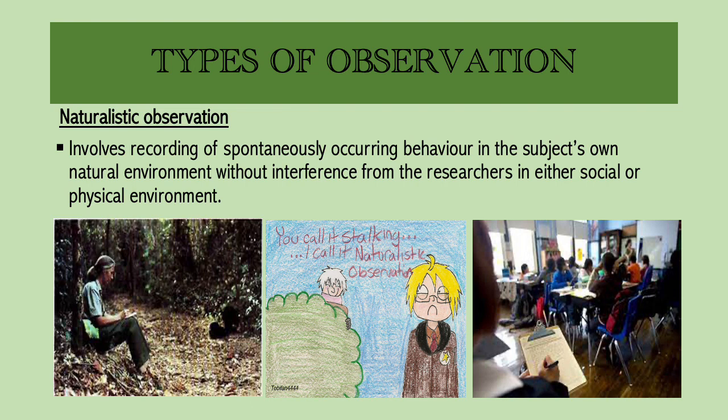Like the animal was observed inside the jungle, and the student was observed inside the classroom. So it's natural behavior without interference from the researcher. So researchers are just observing and not being involved in the environment. They would just sit and watch. So that's the definition for naturalistic observation.